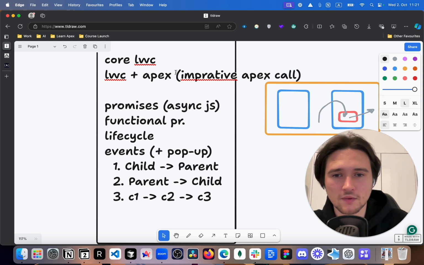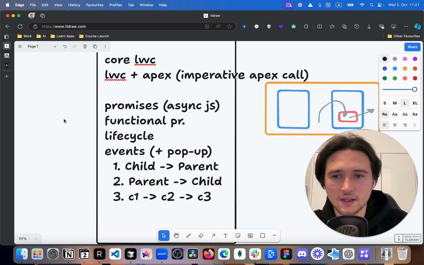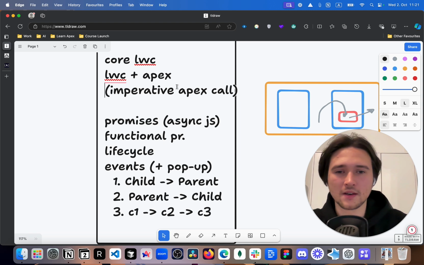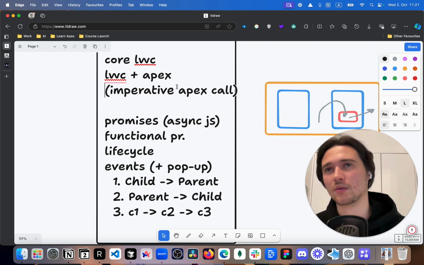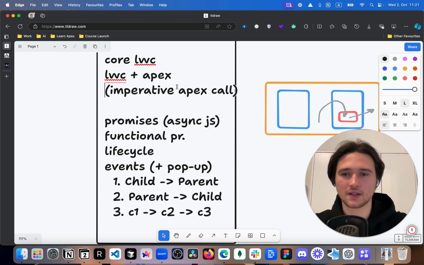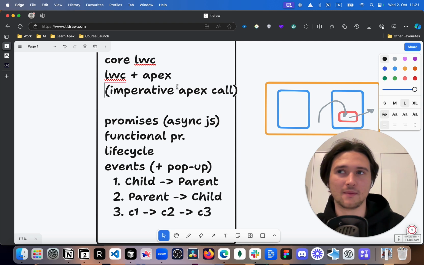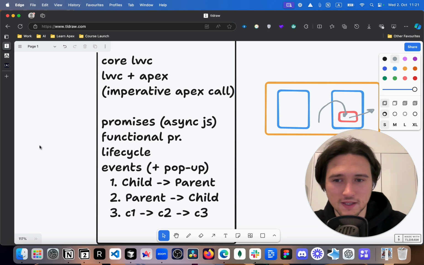So how can you call Apex directly from LWC? I don't want to go too much into stuff like wire, even though we discuss it, but it's not the point. If you know one way that works for you, the imperative call, this is a direct call. This is usually the way you want to do it, and it is the easiest way, so I usually focus on this type of thing.